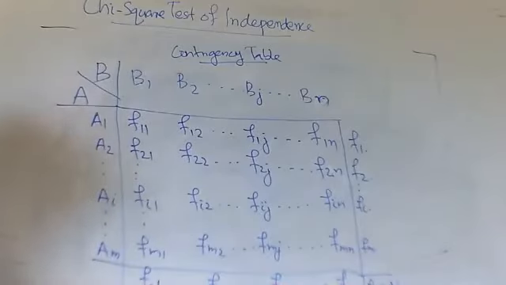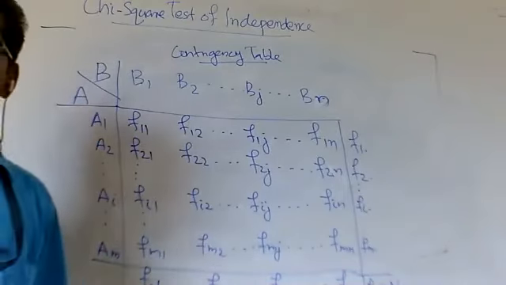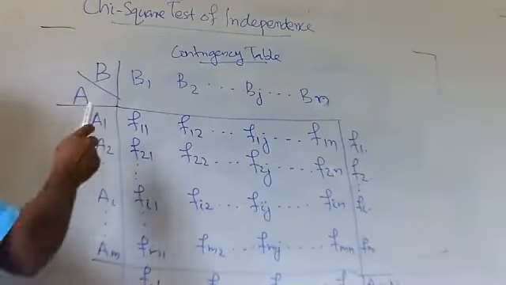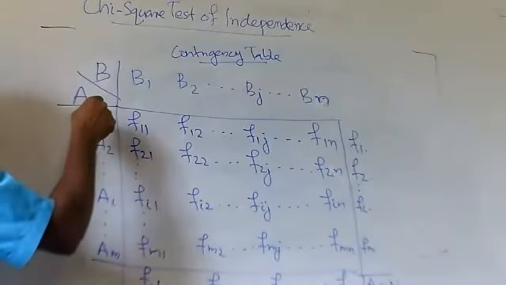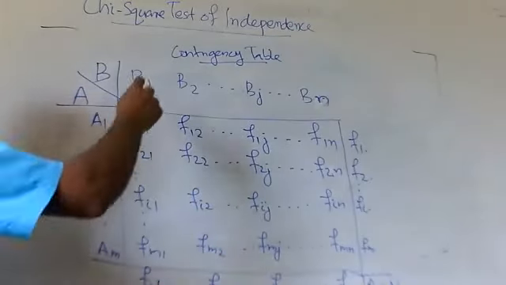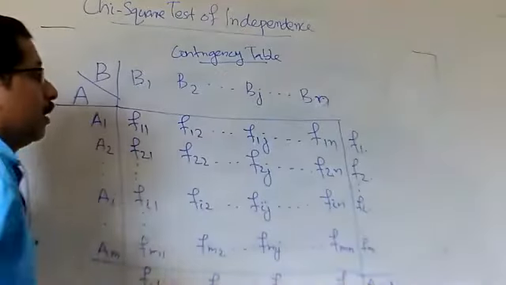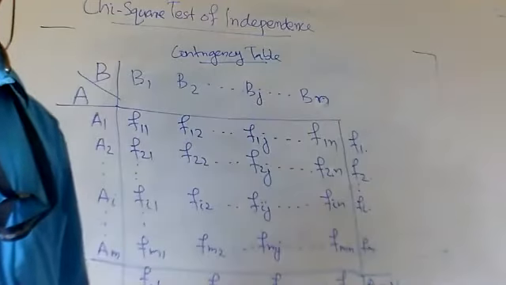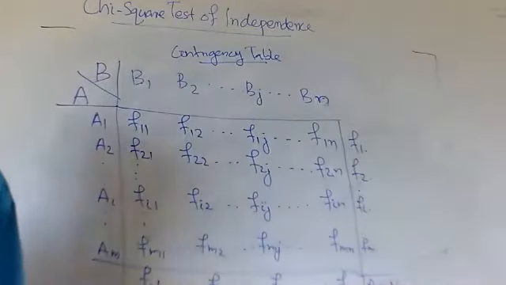So is it clear what this table is? This table is an m by n matrix, and it is called a contingency table. Here we have two attributes A and B, with rows representing the categories for attribute A and columns representing the categories for B. The problem is whether A and B are independent.